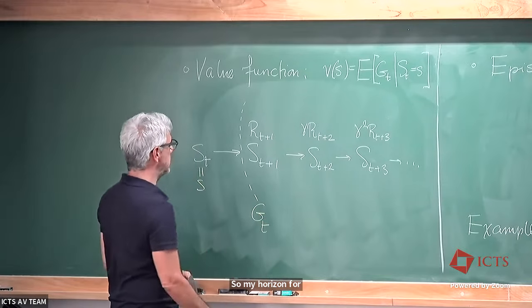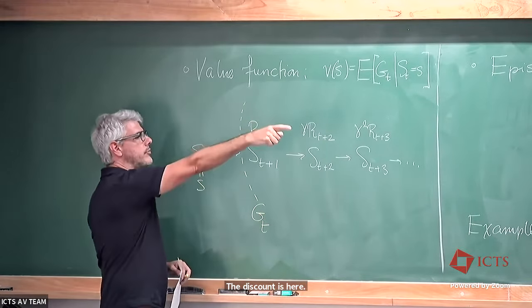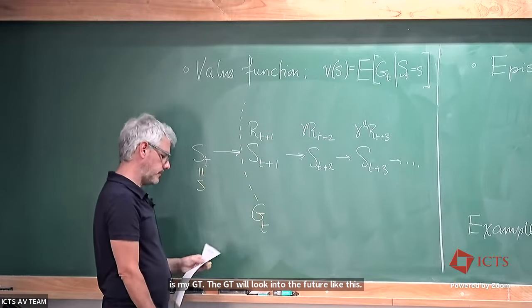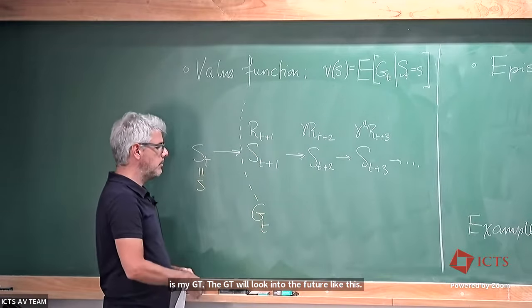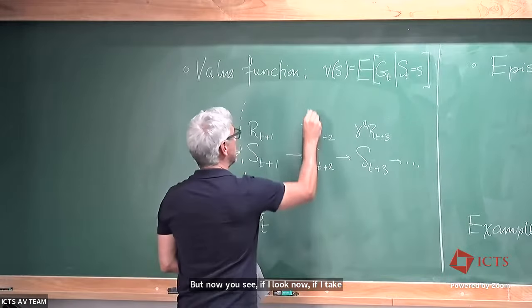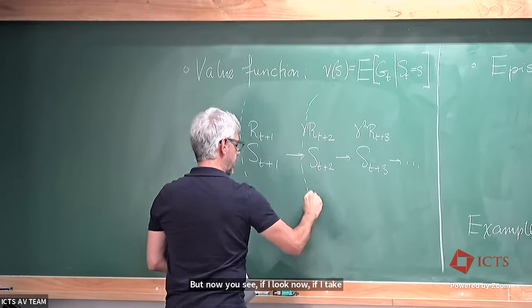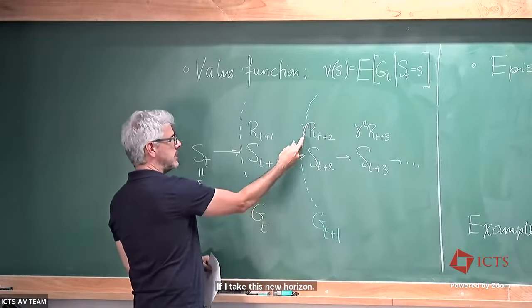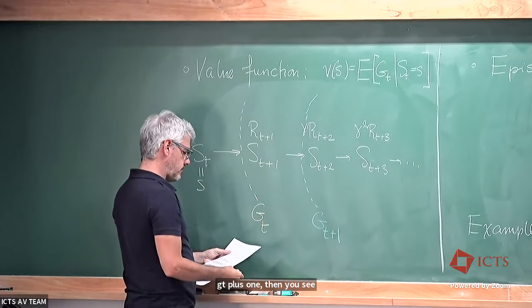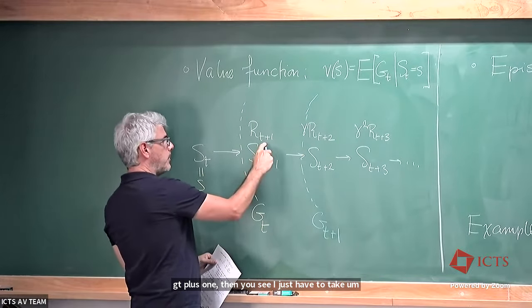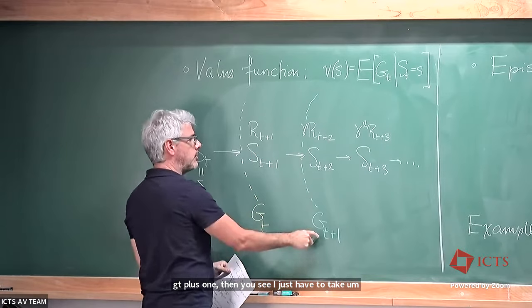This is my G t. The G t will look into the future like this, and the discount comes on the second time step. But now if I take another color, if I take this new horizon, G t plus 1, then you see I just have to take the gamma out. So my G t is this reward plus gamma G t plus 1.